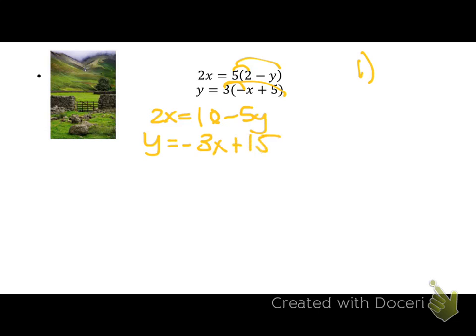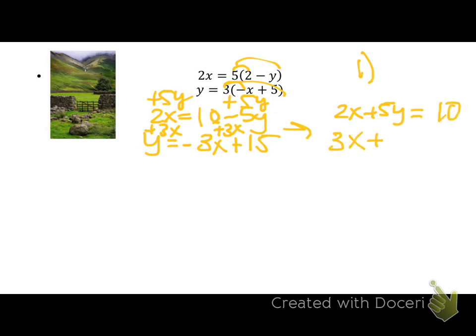Are my x's on top of my x's, y's on top of my y's, and they're both on the same side? No. So let's add 5y and also add 3x. So then we'd get 2x plus 5y equals 10, and 3x plus y equals 15.